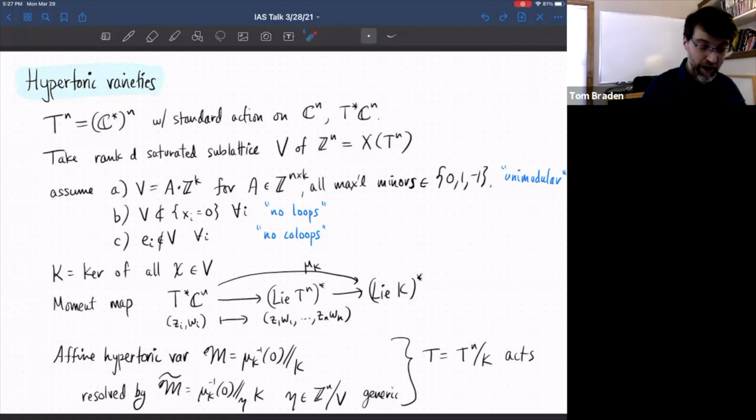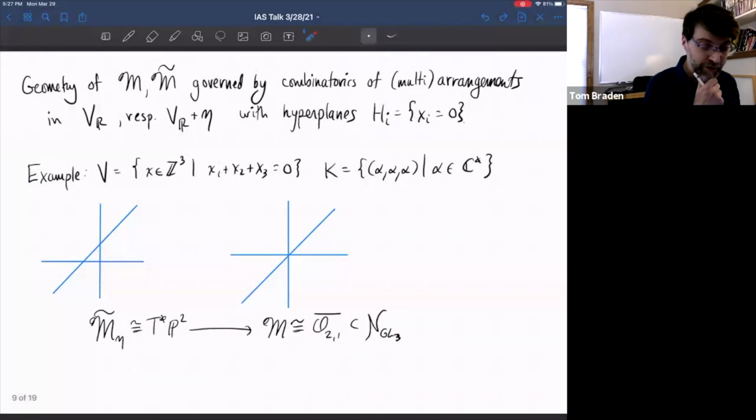Okay, so the geometry of these varieties is governed by the combinatorics of a certain multi-arrangement. Well, there are two arrangements, one for the affine variety and one for the smooth resolution. And basically what you do is you take the real version of this vector space V, except I think I'm dualizing this wrong. I think I need to take the perp space here.